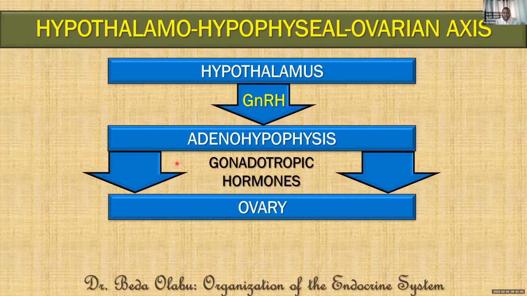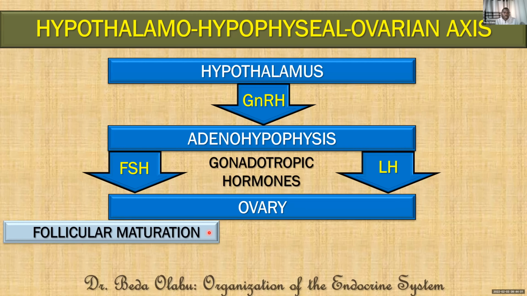The gonadotropic hormones here are FSH and LH, as we know. So GnRH comes from the hypothalamus, but FSH and LH come from the anterior pituitary. They act on the ovary. FSH acts on the ovary to cause follicular development or follicular maturation. You can call it folliculogenesis.